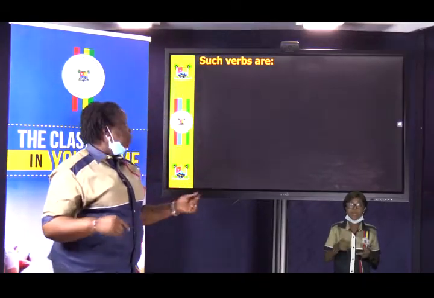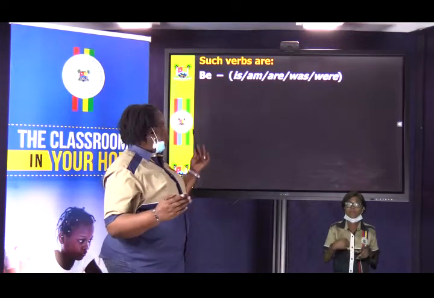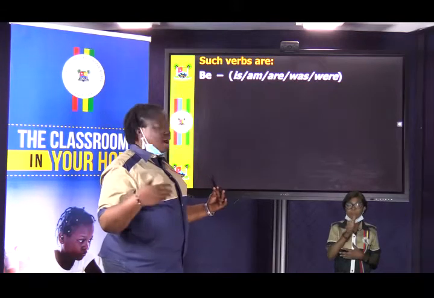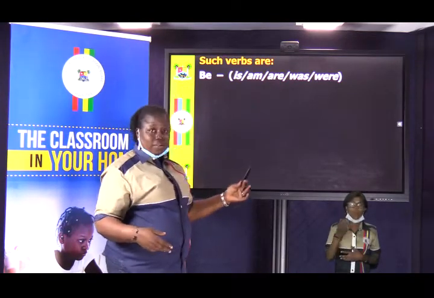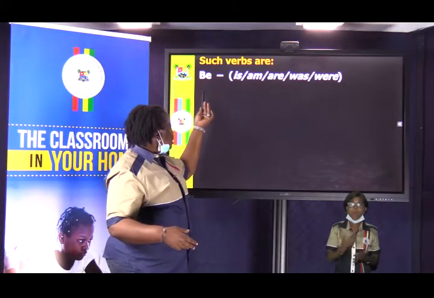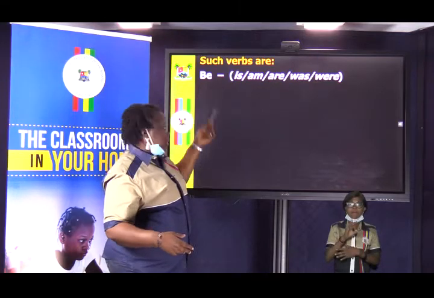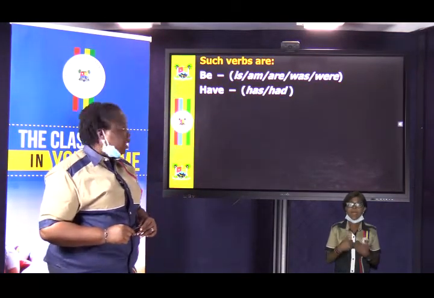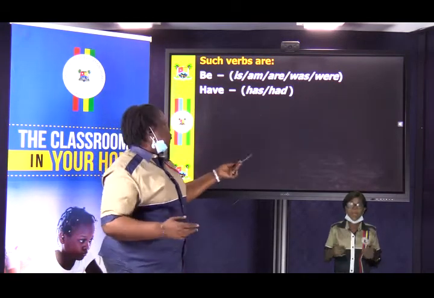Let's look at such verbs. We have be. From be we have is, I-S, am, A-M, are, A-R-E, was, W-A-S, and were. All those are parts of the verb be. Then have, H-A-V-E.